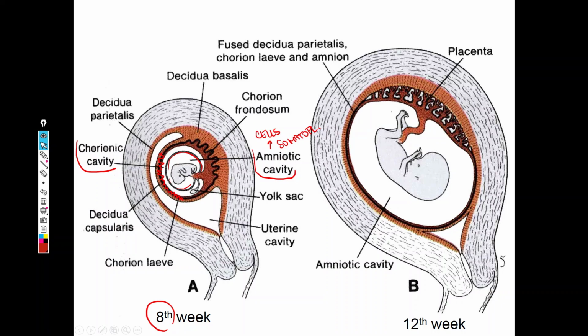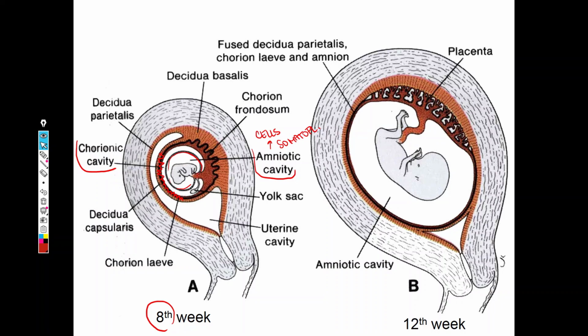So two mesoderms approach together and they merge, leaving only one cavity there, and that is the amniotic cavity. Just try to imagine what layers we have on the amnion, what layers we have on the chorion itself, and when they get together they just fuse and create only one amniotic cavity here.